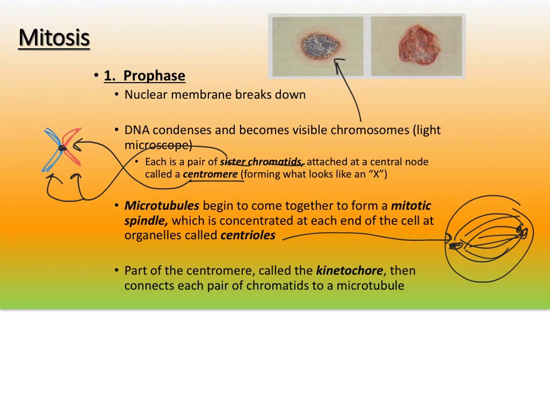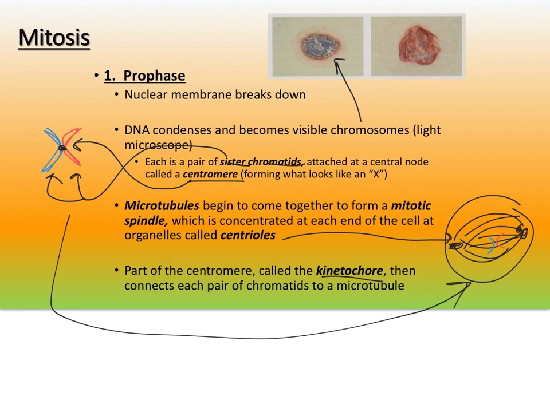The last thing that happens in prophase is that a part of the centromere, referred to as the kinetochore, will attach each pair of chromatids to this mitotic spindle. So we're going to end up with our little X's attached to our mitotic spindle.